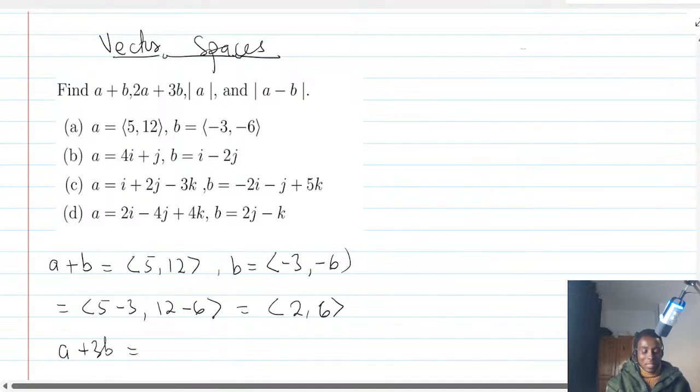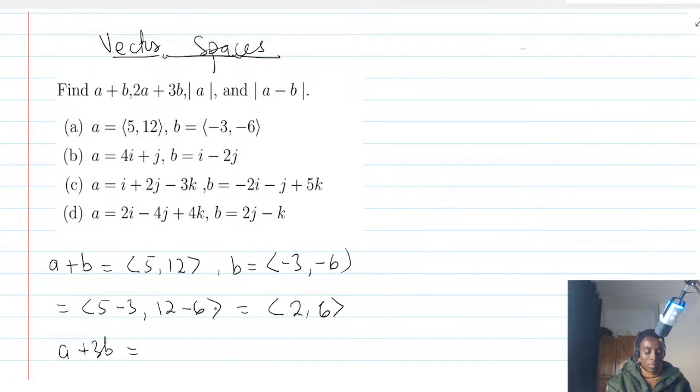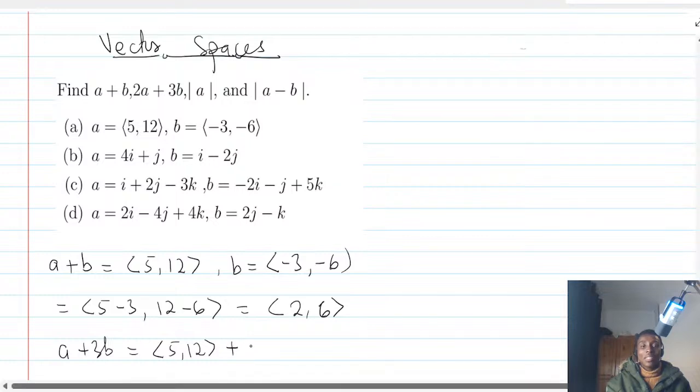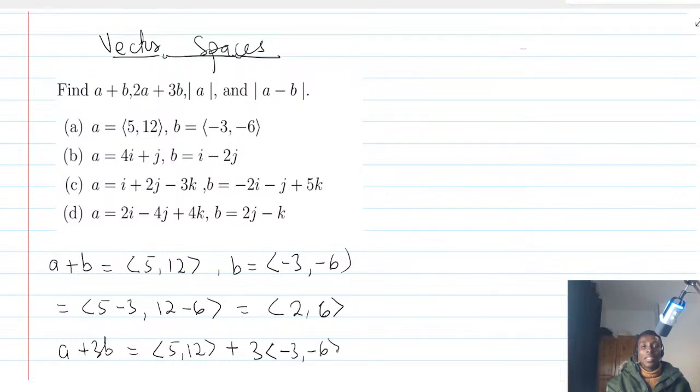So a plus 3b is going to be what? So a plus 3b is going to be 5, 12 plus 3 times b, which is minus 3, minus 6.